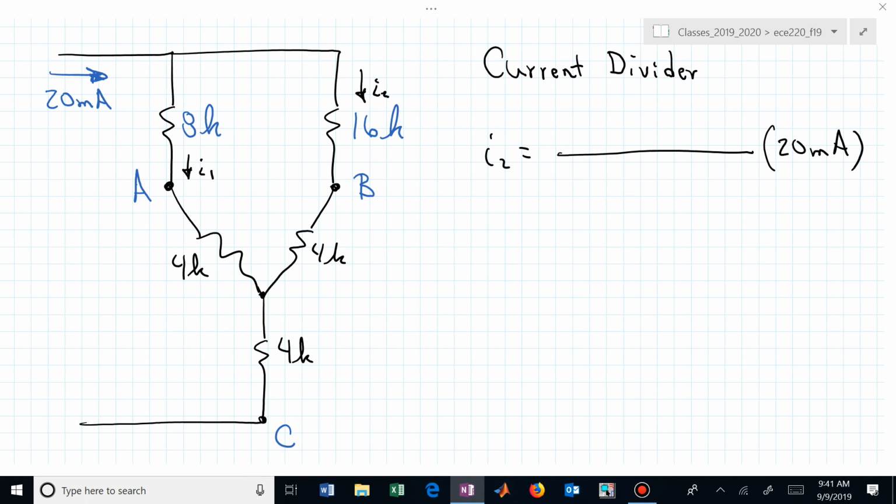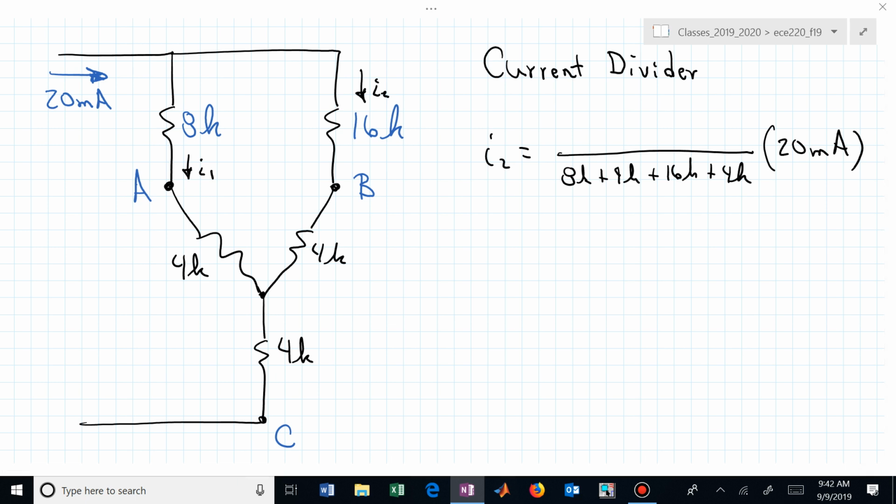The current divider was something upstairs divided by the sum of everything downstairs, was it not? The sum of everything downstairs is 8K plus 4K plus 16K plus 4K. And what's upstairs?